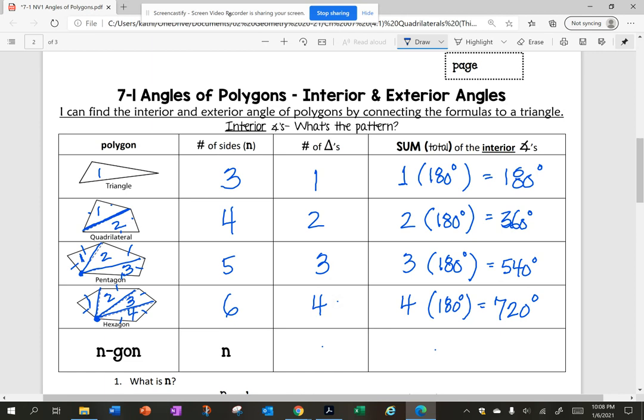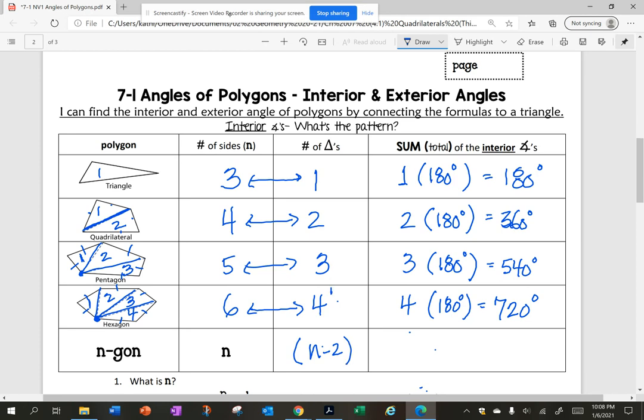And I notice when I'm looking at these two numbers in every case, I see that the number of triangles is the number of sides minus 2. So 3 minus 2 is 1, 4 minus 2 is 2, 5 minus 2 is 3, 6 minus 2 is 4. So the number of triangles, however many sides I have, is going to be n minus 2.